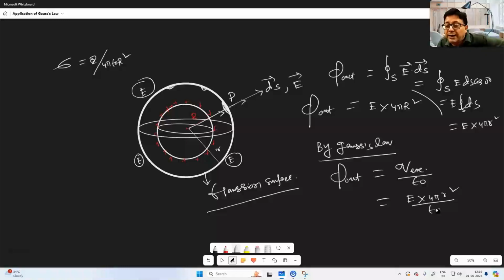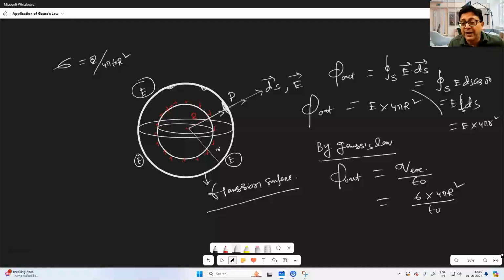But this time, wait a minute, Q enclosed will be given by the surface density. The surface density of charge is sigma. We have taken sigma equal to Q by 4 pi R square. So Q enclosed is going to be equal to sigma multiplied by what? Area. The area of this portion is 4 pi R square.